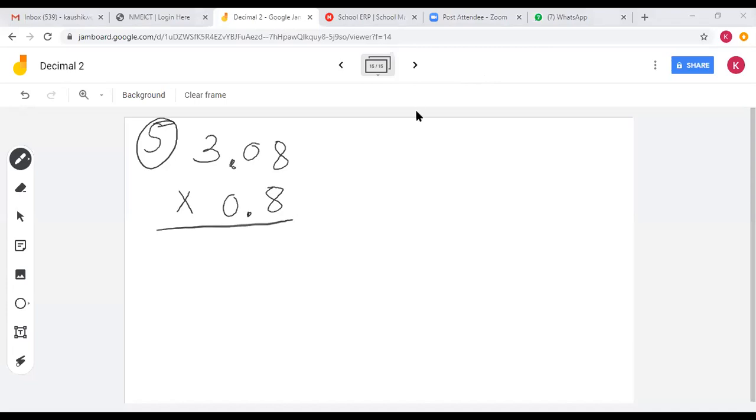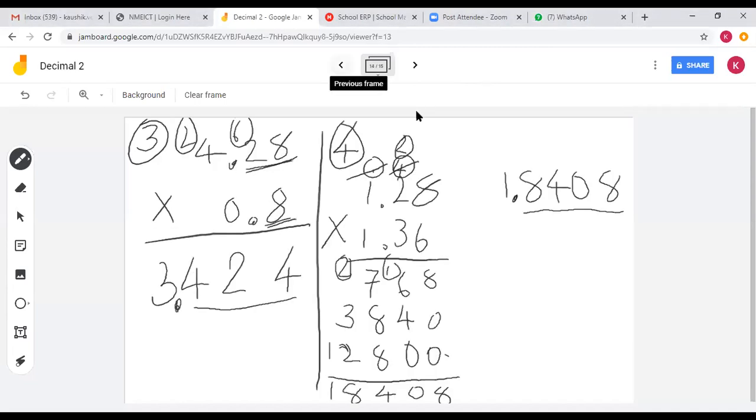Okay. Sorry. Hold on a second. 8 plus 0 plus 0 is 8. 6 plus 4 is 10. So 0 here, 1 carried over. 7 plus 1, 8. 8 plus 8 plus 8, that is 24. So 4 here, 2 carried over. 3 plus 2, 5. 5 plus 2 is 7. Yes, sorry. My bad. I made an addition mistake here.